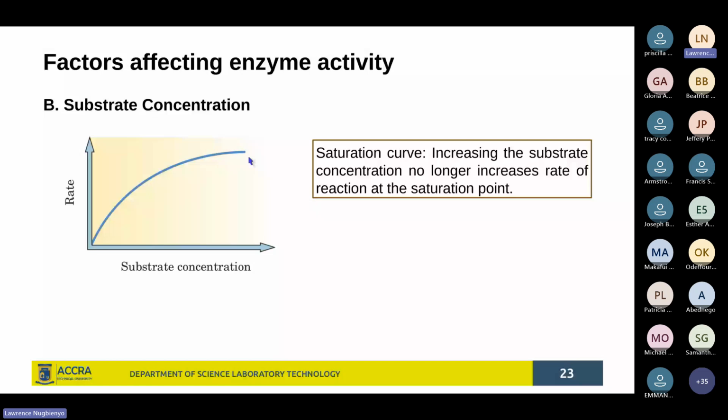So that is why you'll be having such a saturation curve. You see that the curve levels up, it plateaus in that manner. That we refer to as a saturation curve, to show substrate concentration against the rate of reaction.